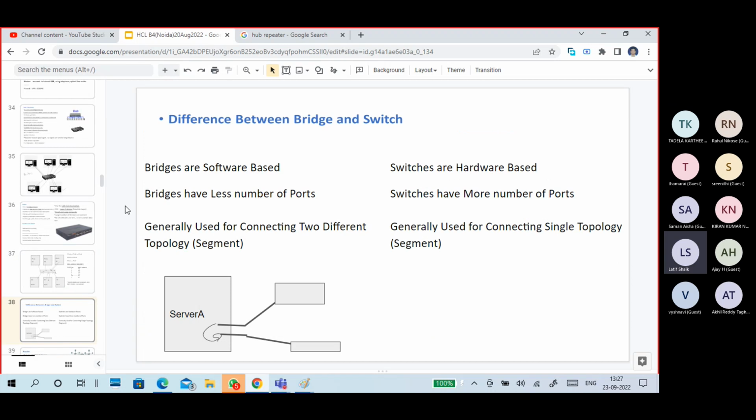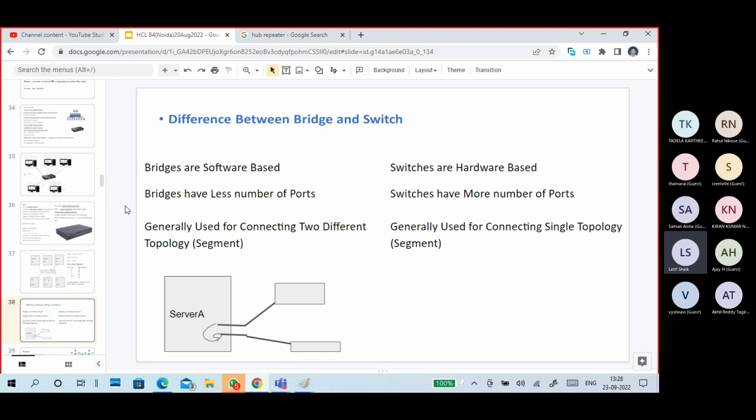Here it is bridges and switches. Switch is a physical, hardware device. It contains a large number of ports used for a single topology, like LAN communication, single segment communication. Bridges are different, guys. Bridges are not physical devices.